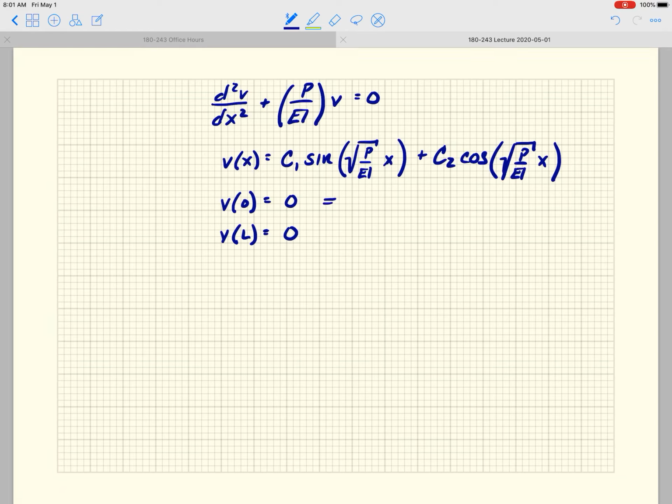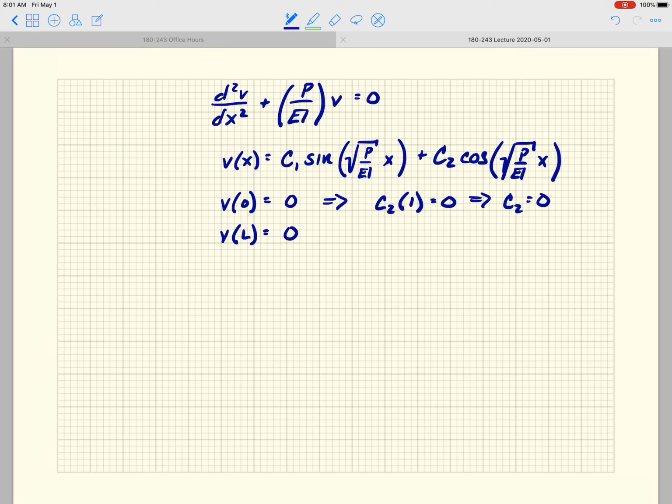The first one is fairly straightforward. If you plug in 0 for all of these things, the cosine of 0 is 1 and the sine of 0 is 0, so that term drops out. And that gives us that C2 has to be 0.